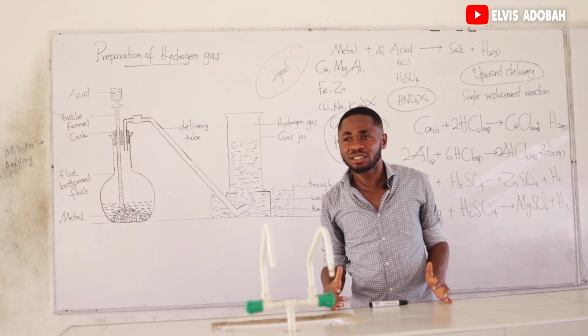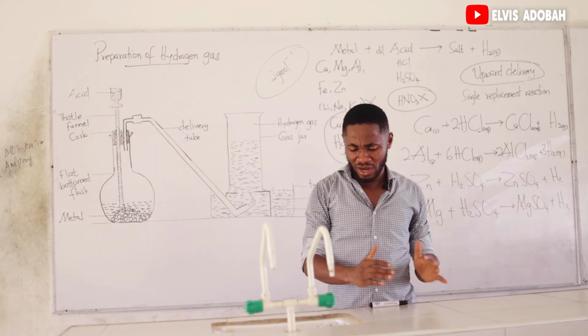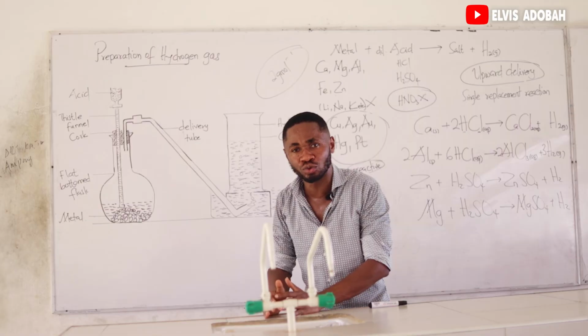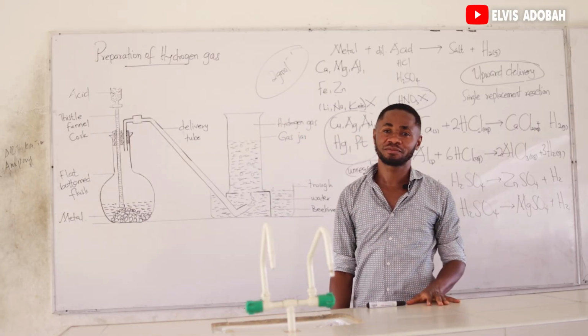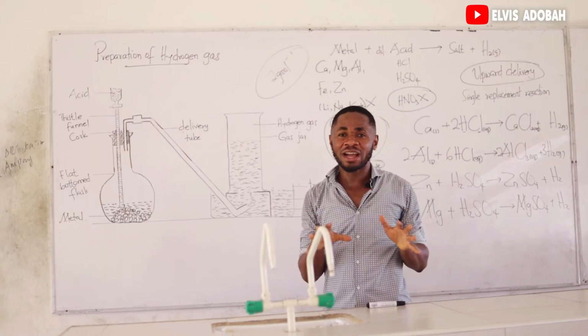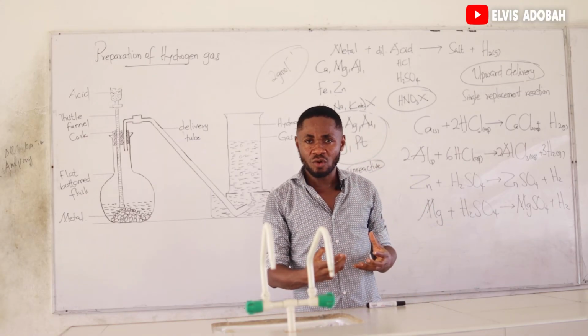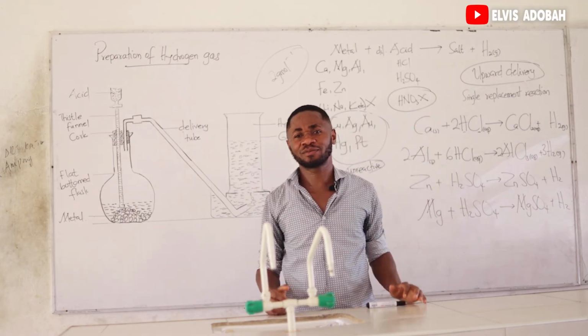The third question they can ask you is, how do we know that the gas we have produced is hydrogen gas? The thing about gases is every gas has a way we can test to see their identity.